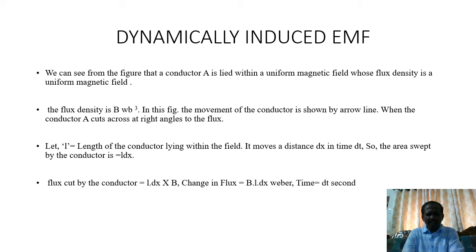Flux cut by the conductor, phi, is equal to BA, where B is the flux density and A is the area.